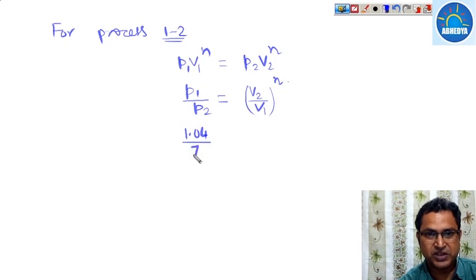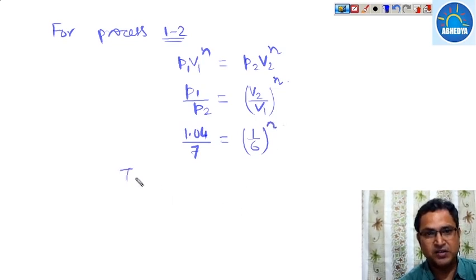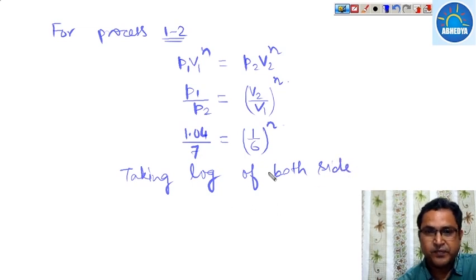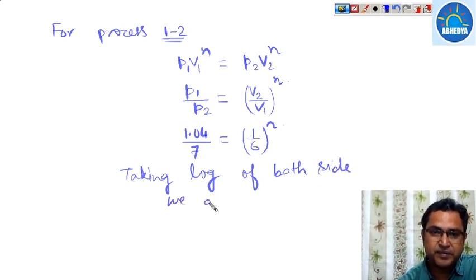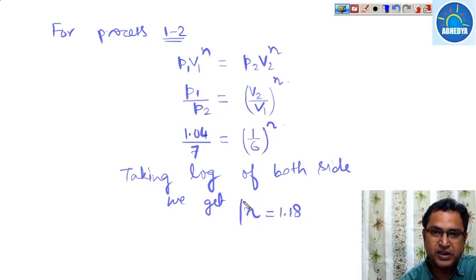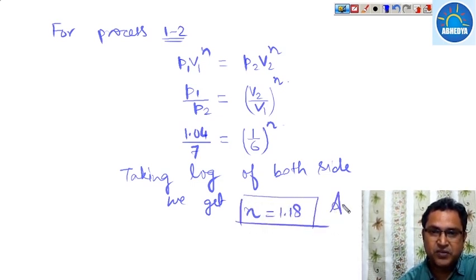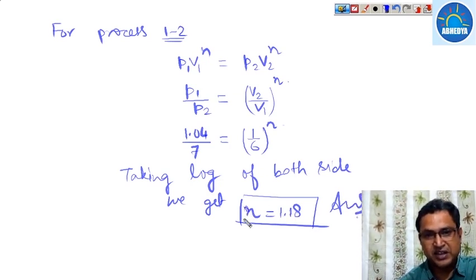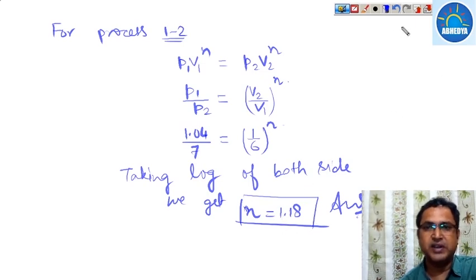P2 is 7, and V2 upon V1 is 1 upon 6, raised to the power n. Taking log of both sides, we get n is equal to 1.18. So the first part, what is the compression index? The compression index is 1.18.